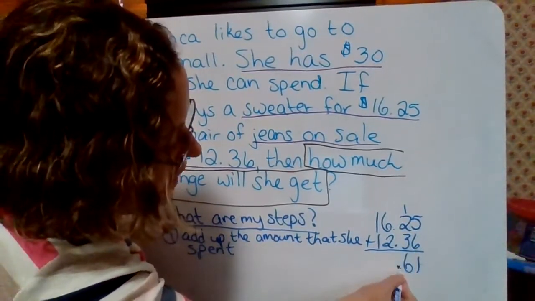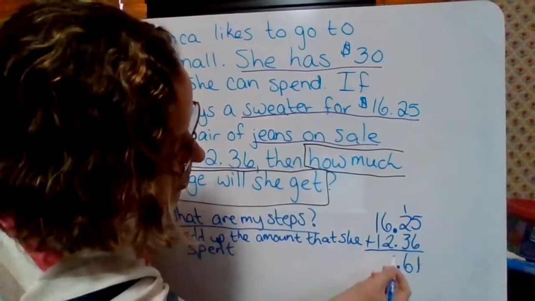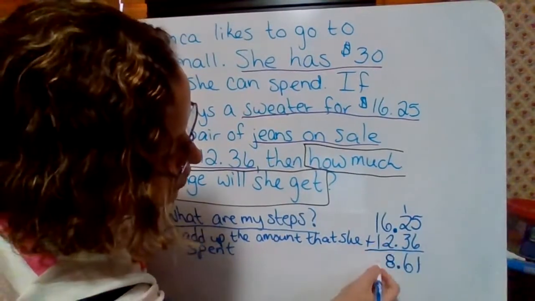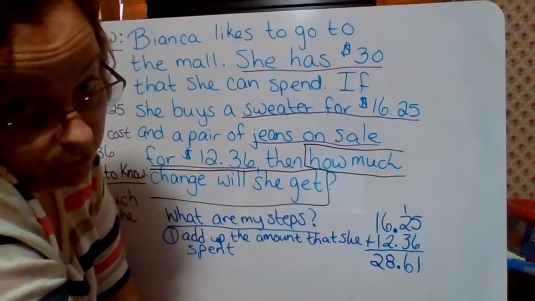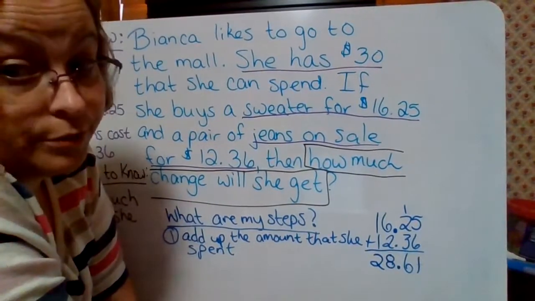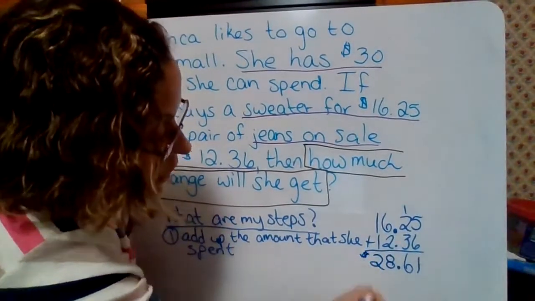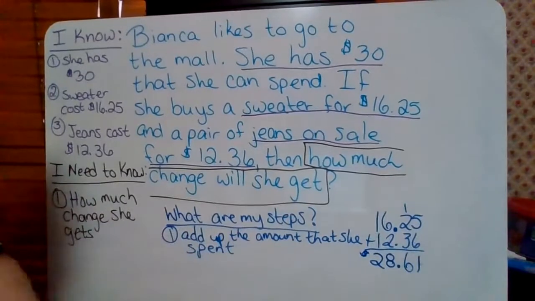Bring that decimal down. Remember, they have to line straight up. Make that a little bit bigger. 6 plus 2 is 8. And 1 plus 1 is 2. Oh, she's close. Bianca, you like pushing it, don't you? All right, so she spent a total of $28.61. So that's how much she spent.